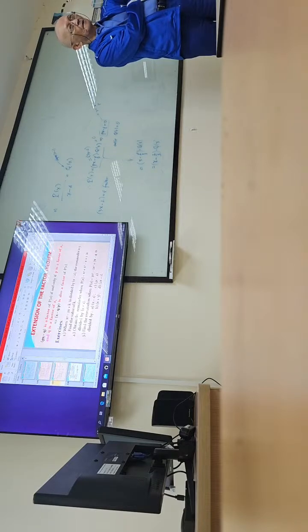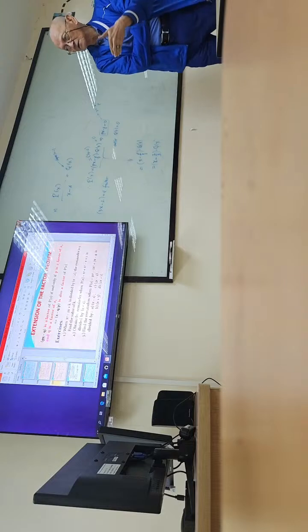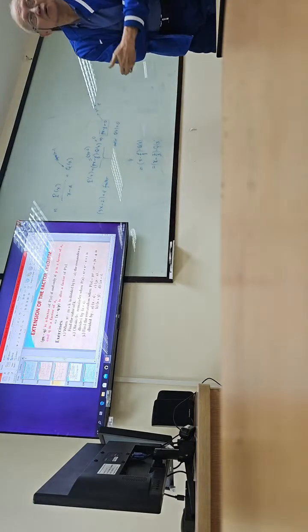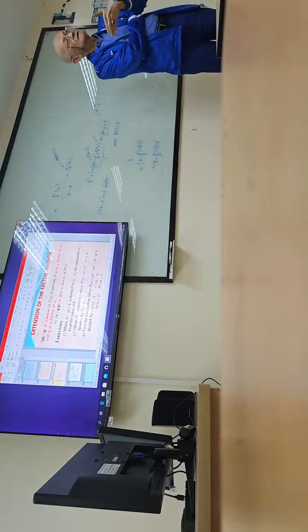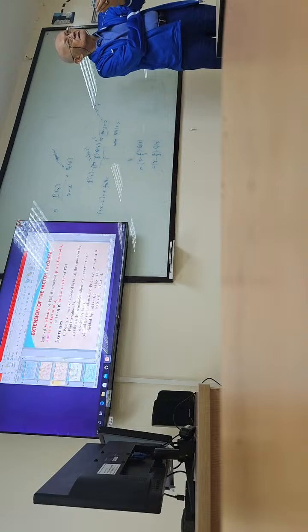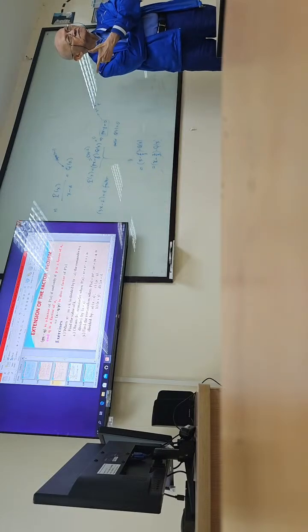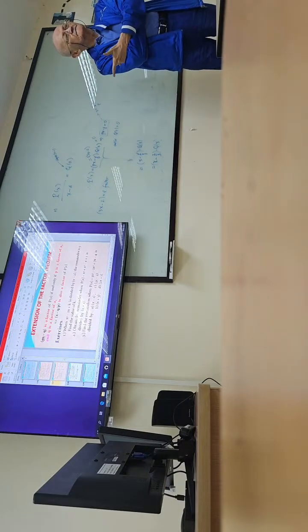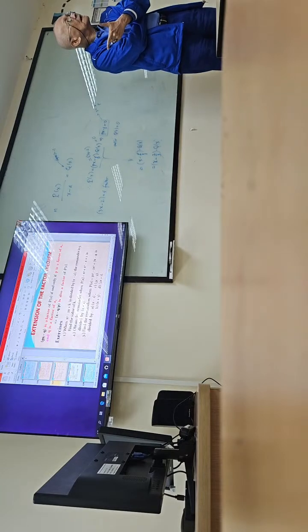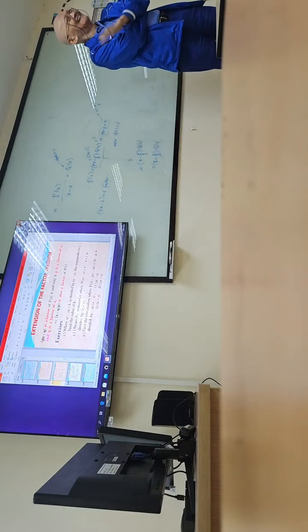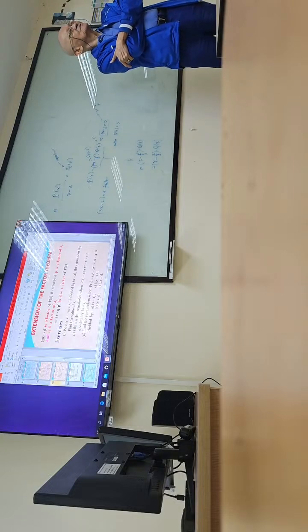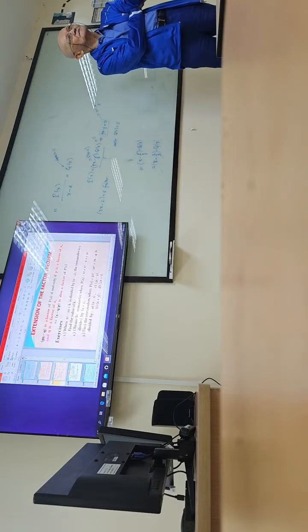When we divide a polynomial by x minus 2, the remainder is 5. So what can you say about 5? Again, I'm asking some leading questions in relation to the remainder theorem.